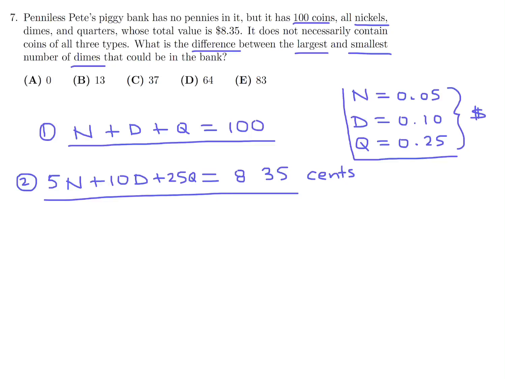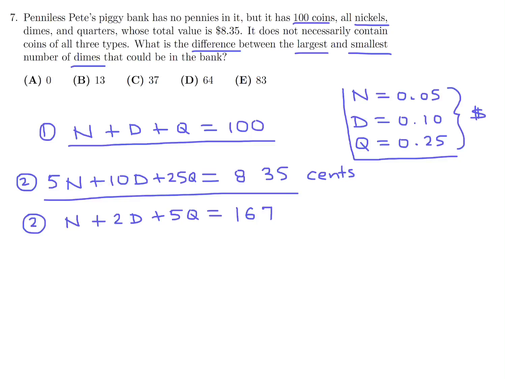First, let me simplify equation 2 here. Divide through by 5 and you'll get n plus 2d plus 5q equals 167, since 835 divided by 5 is 167. This will be a little more helpful.